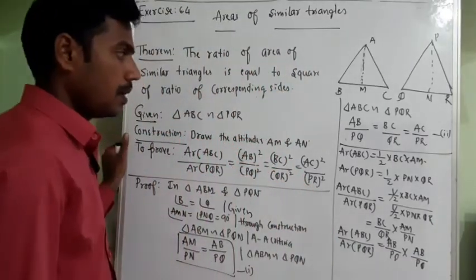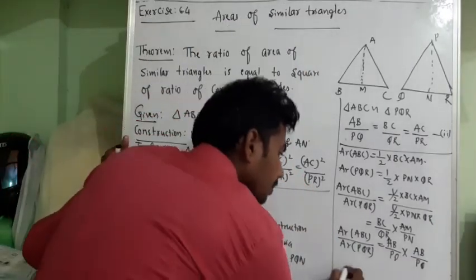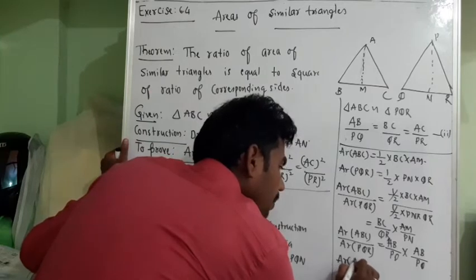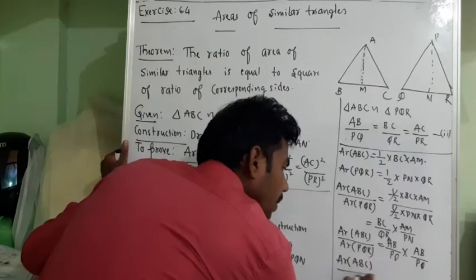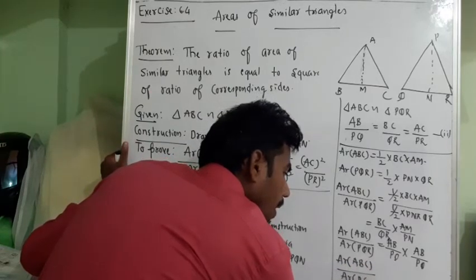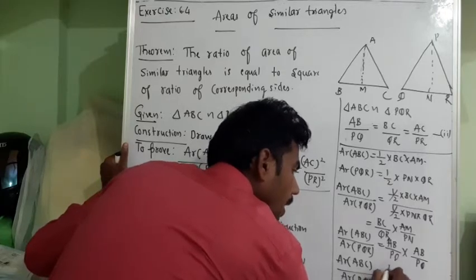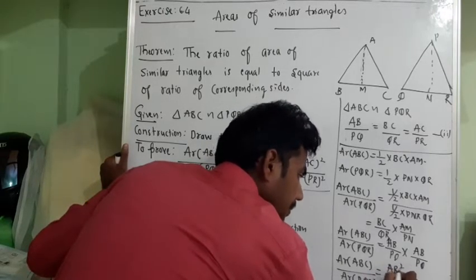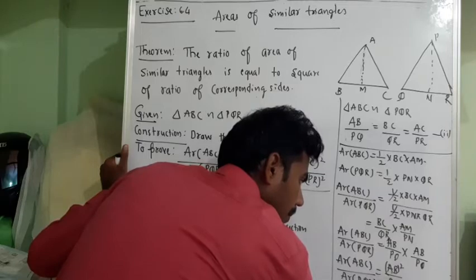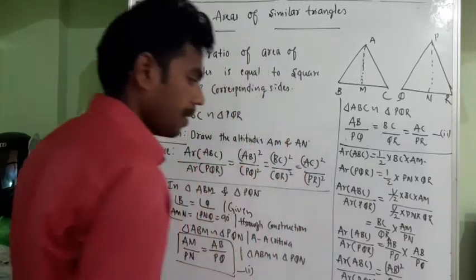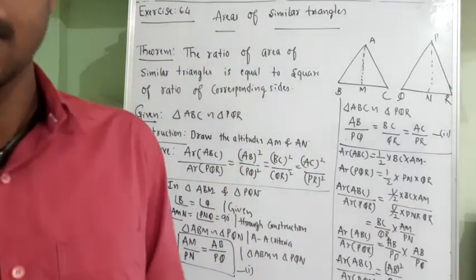Now, area of triangle ABC divided by area of triangle PQR is equal to AB square divided by PQ square.